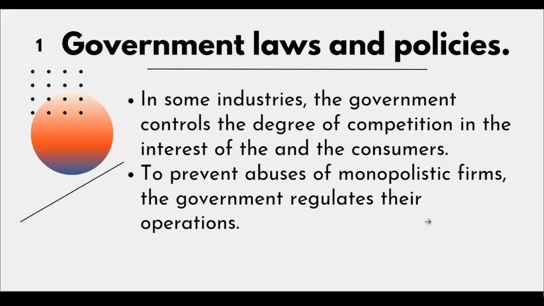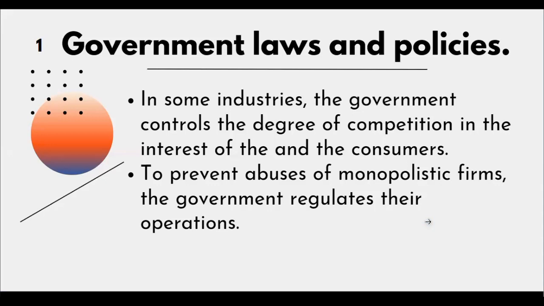So government laws and policies. In some industries, the government controls the degree of competition in the interest of the economy and the consumers. For instance, in certain industries like those which supply water and electricity, the government requires only one company for each product and service.